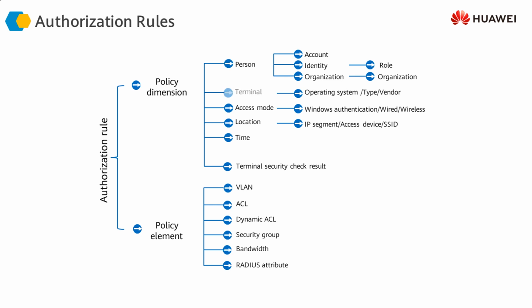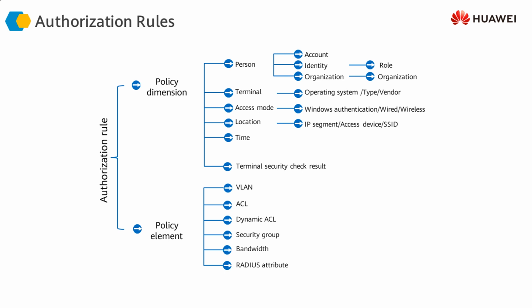So the user name or the terminal that is being used by the user, or the access mode, location, time, these are the different policy dimensions or the characteristics of the access which is happening in our network. And based on these characteristics, we can use any of these tools to control the access or to limit or to allow the access of those users to different resources.